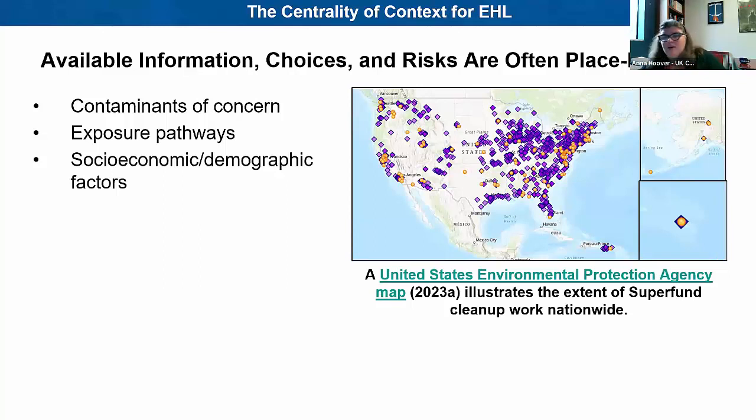Every site on here is a United States Environmental Protection Agency designated Superfund site. Superfund sites, we'll talk a little bit about the legislation that led to it in just a second, mean that they're bad enough to go on a list by US EPA for cleanup, to be prioritized for cleanup. Every one of these sites has a different combination of contaminants.